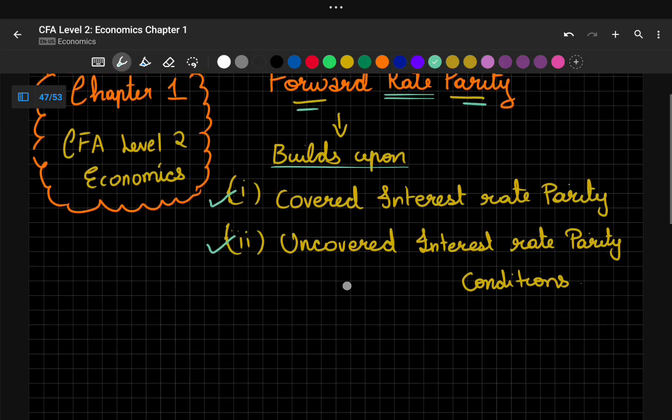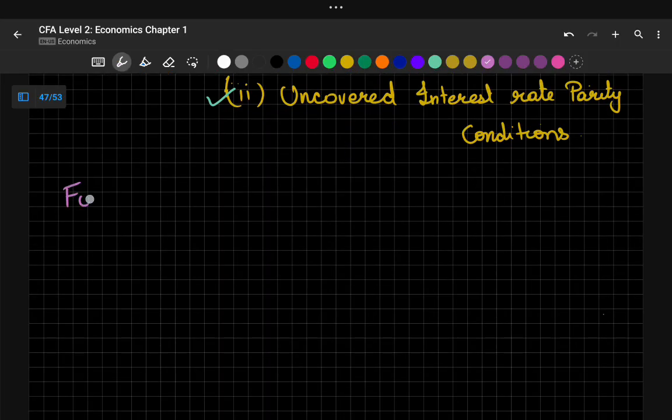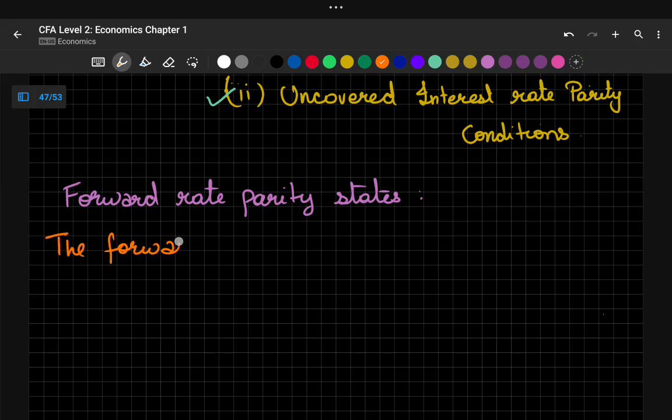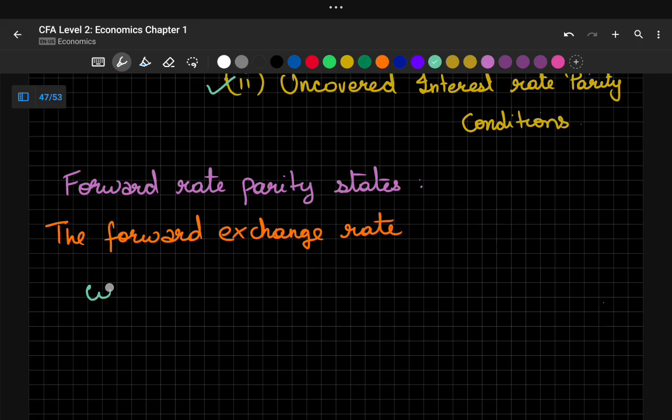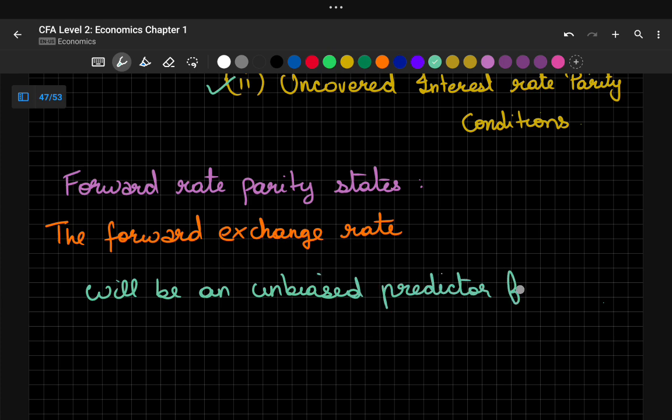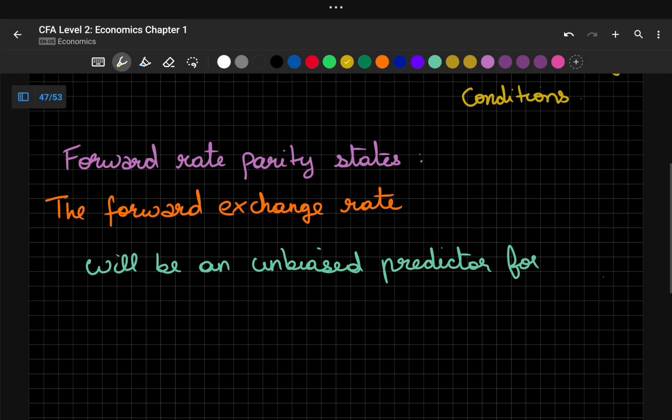So, what do we mean by forward rate parity? Forward rate parity states the forward exchange rate will be an unbiased predictor for future spot exchange rate.